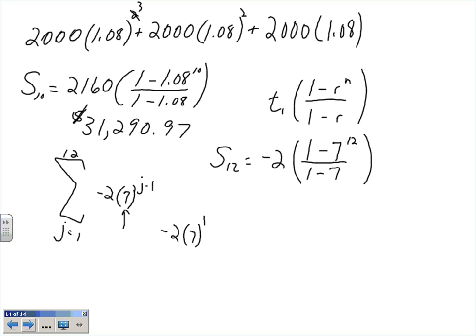Uh-oh. I've got a number in scientific notation. Maybe I picked too big of a number. And then divided by 1 minus 7, which is -6. Oh, good. Okay, that's what I get for the parentheses. Don't round anything. And then multiply by -2.